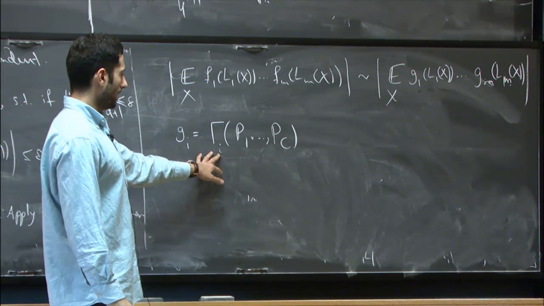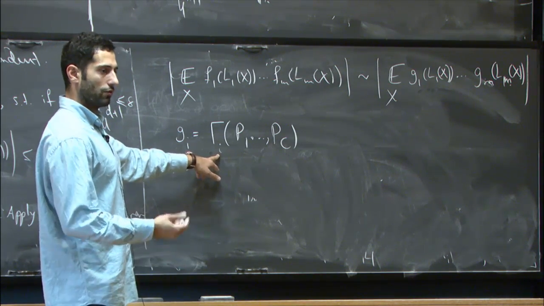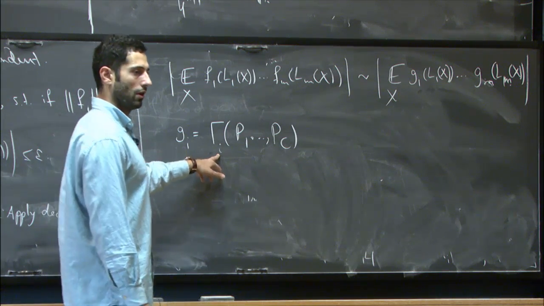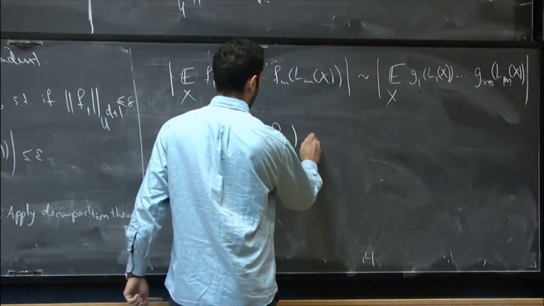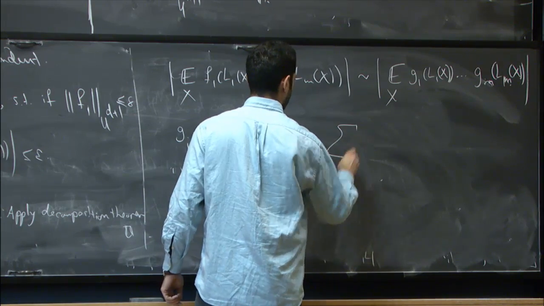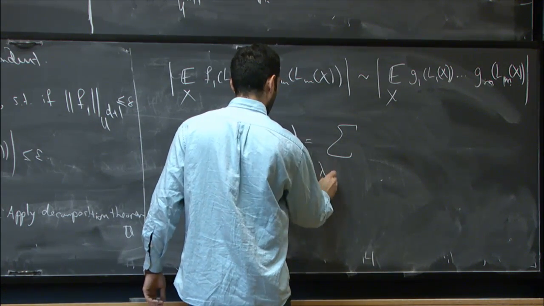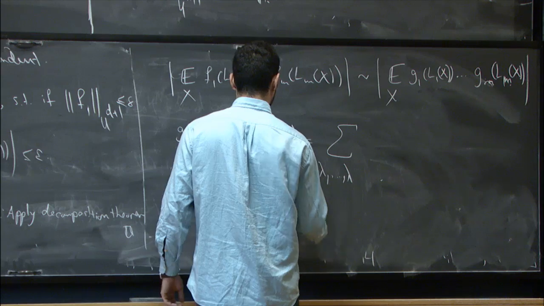So now I actually use the classical Fourier analysis, a Fourier expansion of gamma i, and I can write this as a summation lambda c.